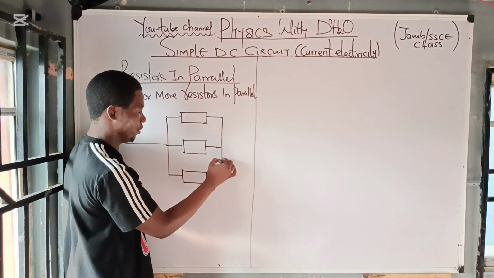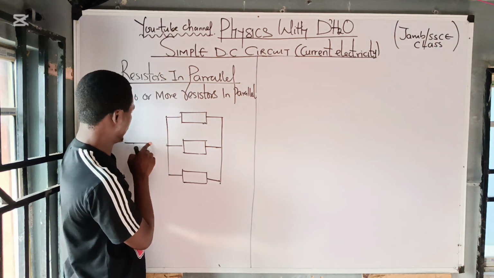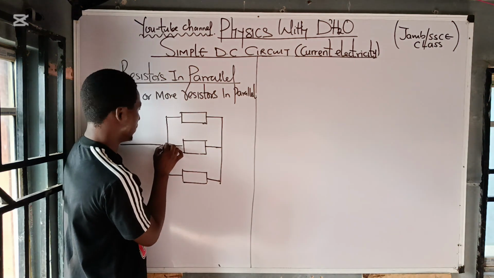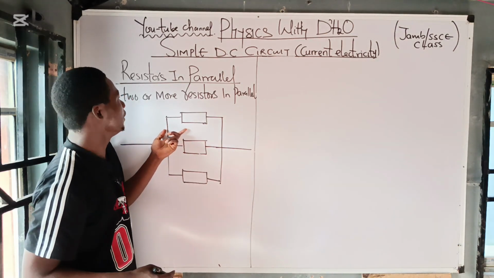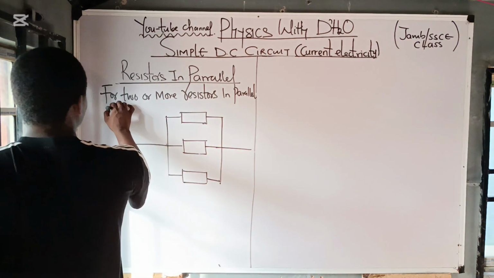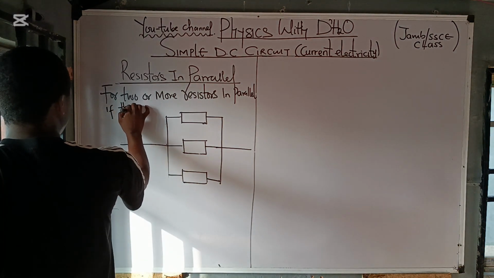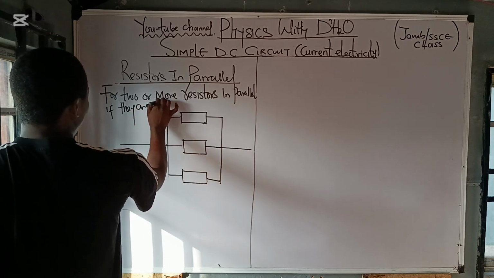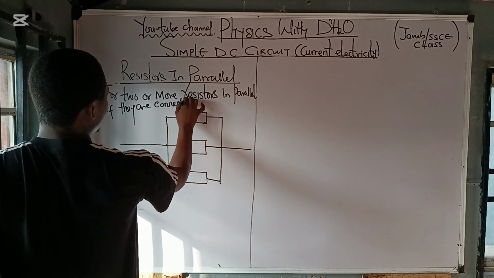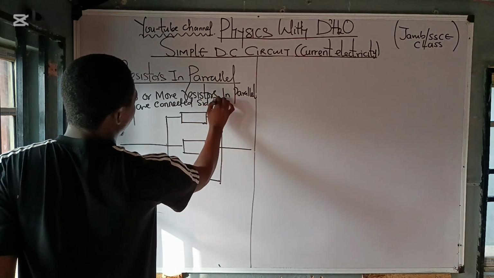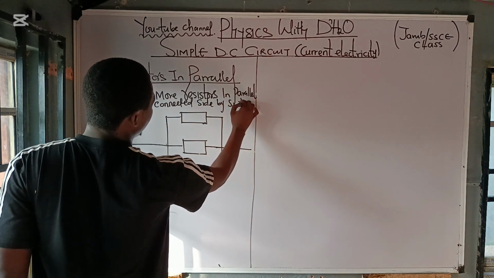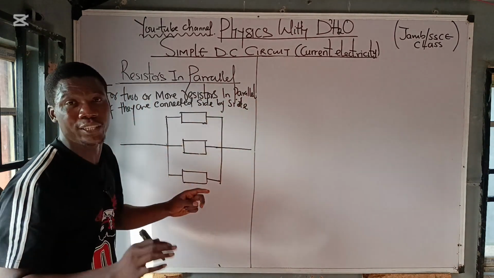Watch carefully. Do you get? So two or more resistors are said to be in parallel if they are connected side by side. So this connection is in parallel.